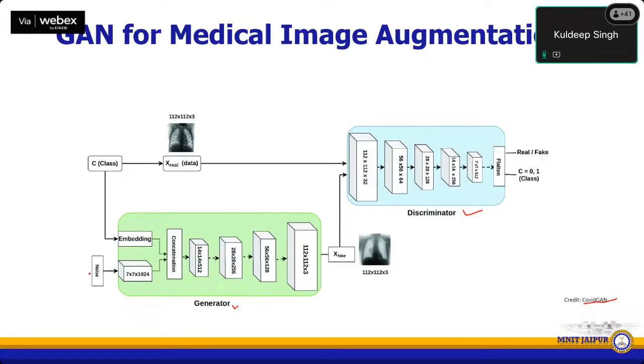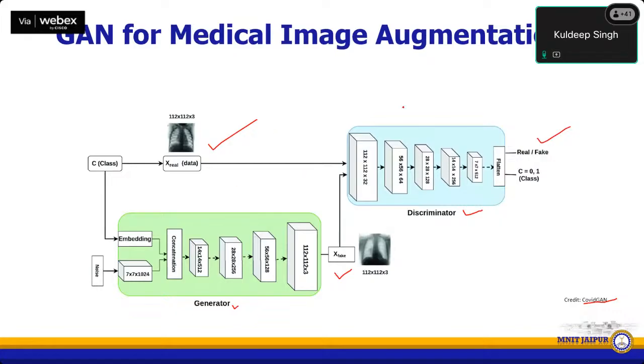The generator model takes input and generates a fake image, and the real data, the ground truth data, is also provided to the discriminator. This discriminator tries to discriminate between the fake data generated by the generator and the real data sampled from the data set, and it tells you real or fake.